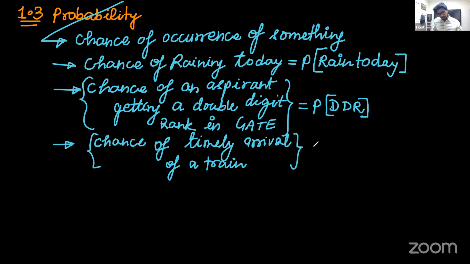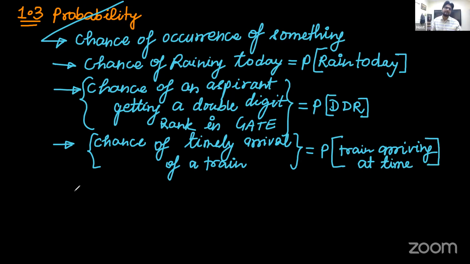So now you give it a mathematical symbol: what is the probability of the train arriving on time?